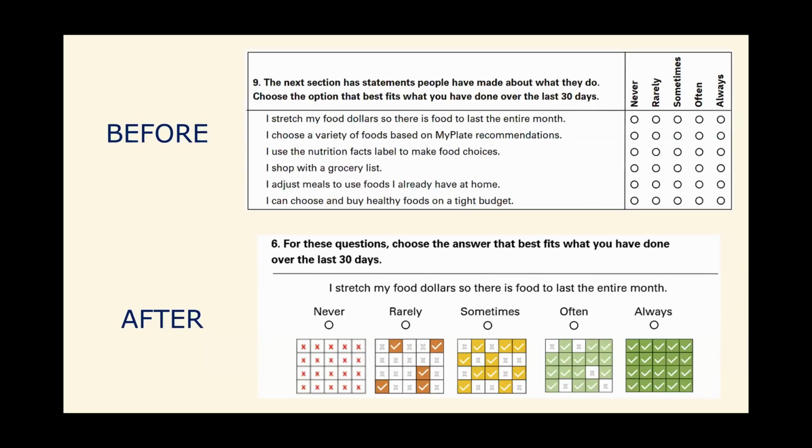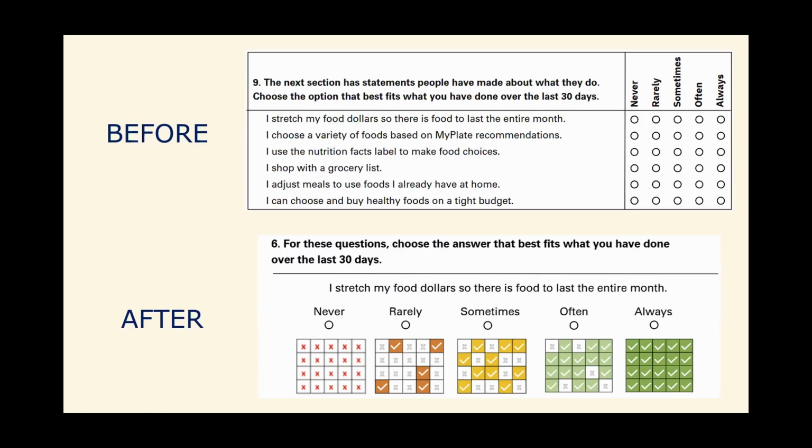This is an example of the functionality of Qualtrics that we appreciated in this use. We ended up changing this question from a list of radio buttons that are close together to be expanded so that each question had its own space with radio buttons.